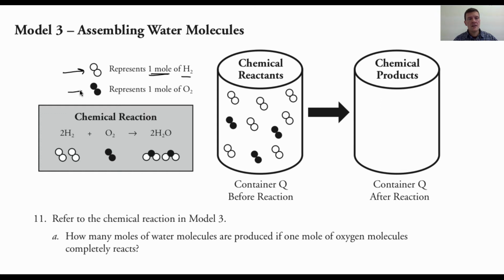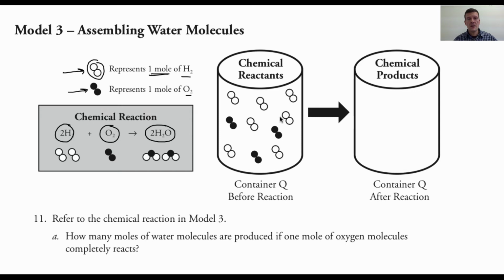Each of these diagrams represents a mole of oxygen. So each of those represents 6.022 times 10 to the 23rd particles of that particular molecule. Here's our reaction. 2 moles of hydrogen react with 1 mole of oxygen to produce 2 moles of water.